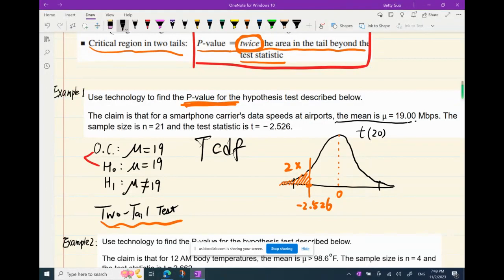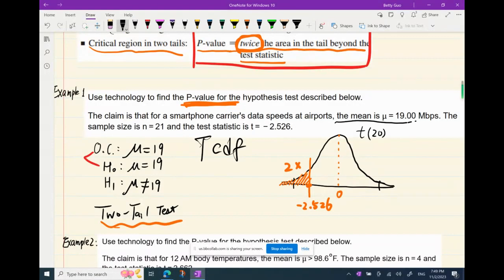So negative 2.526. DF, what does DF mean? DF means the degree of freedom. Degree of freedom is the sample size minus 1. In this case, it's 21 minus 1, so it's 20. So we enter 20 and then paste.